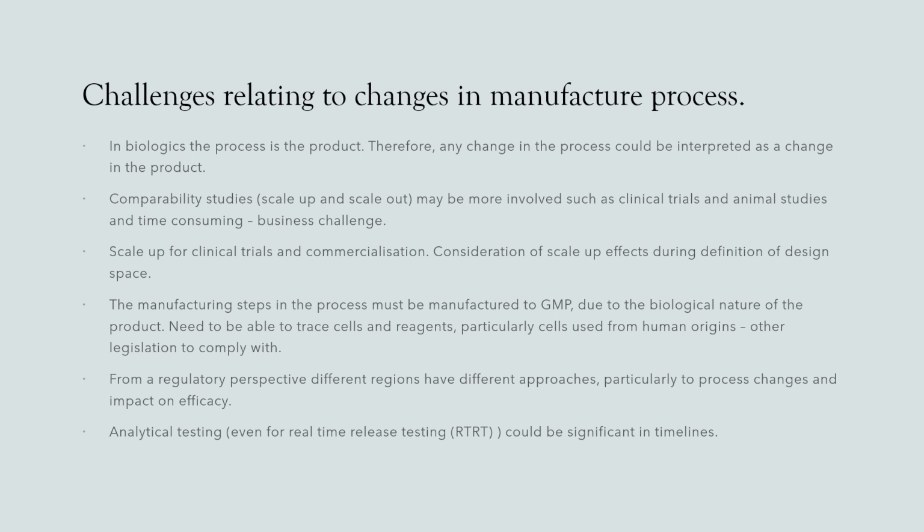Your manufacturing steps in the process have to be manufactured to GMP at all stages for your biological biotech products. And this is due to the biological nature of the products. You need to be able to, in some cases, trace the cells and reagents, particularly if those cells were used from human origins. And there are other legislations that might apply.